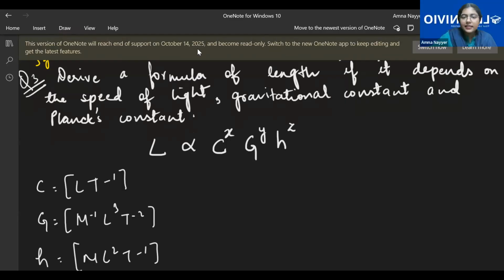What are your answers? Value of x. Yes, Humaira, Mariam. Answers. Sana, Nabila, Taura. X's value, what is it coming? I have even given the dimensions this time. Yes, anyone? Mariam? Okay, last minute. Others also please answer, not just Mariam.